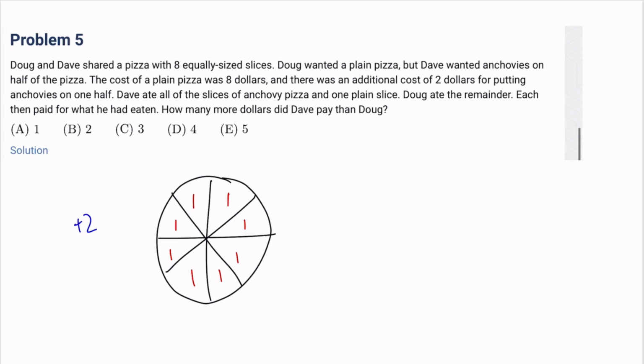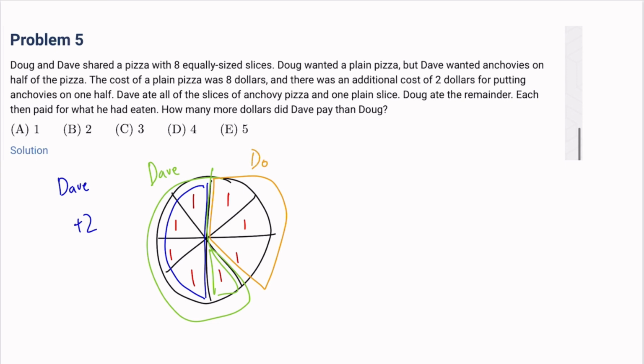So this is for Dave. This is the +2 half. So Dave ate all of these slices of anchovy pizza and one plain slice. So until this much, this is all Dave's. Let's write that up there. Dave. And the rest is Doug. So this much is Doug, right?